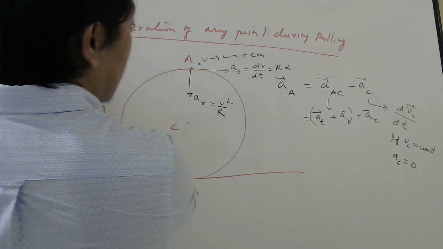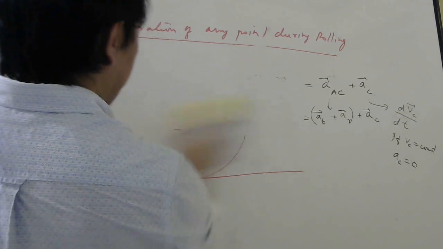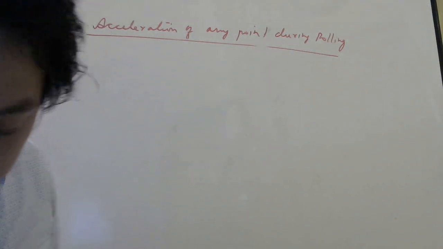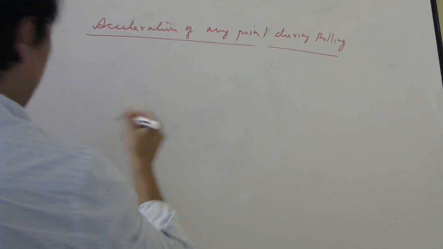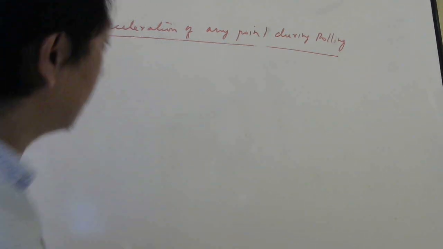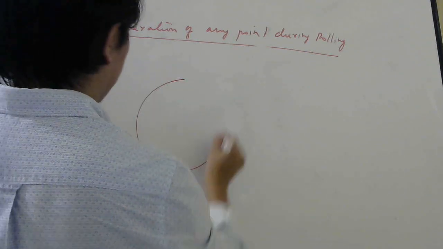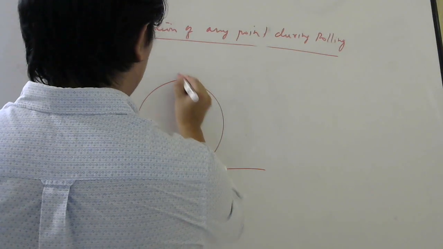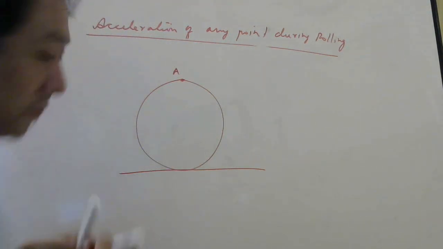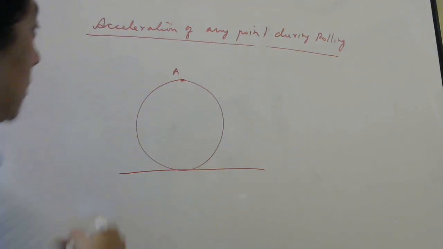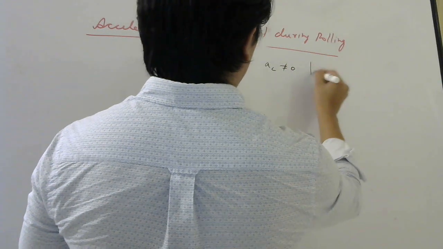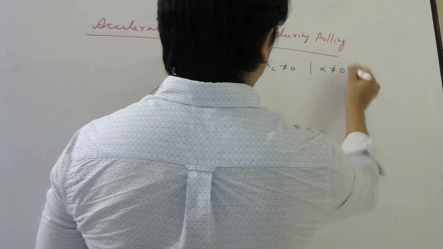So if you have understood this, let us take again the round object. Let me ask, what is the acceleration of this point? Okay, so AC is not 0, alpha is not 0.